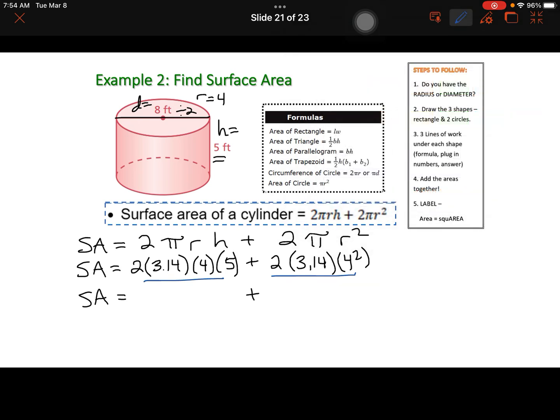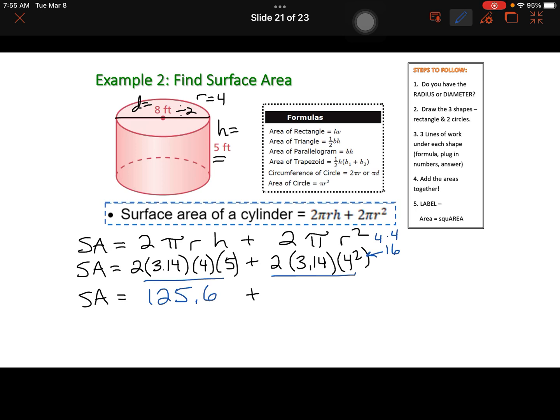So we're going to take our calculator once again, and we're going to go 2 times 3.14 times 4 times 5, and we get 125 and 6/10. We're now going to look here and remember exponents first. Well, that really is 16. Okay, that's 4 times 4. And so we're going to do 2 times 3.14 times 16.